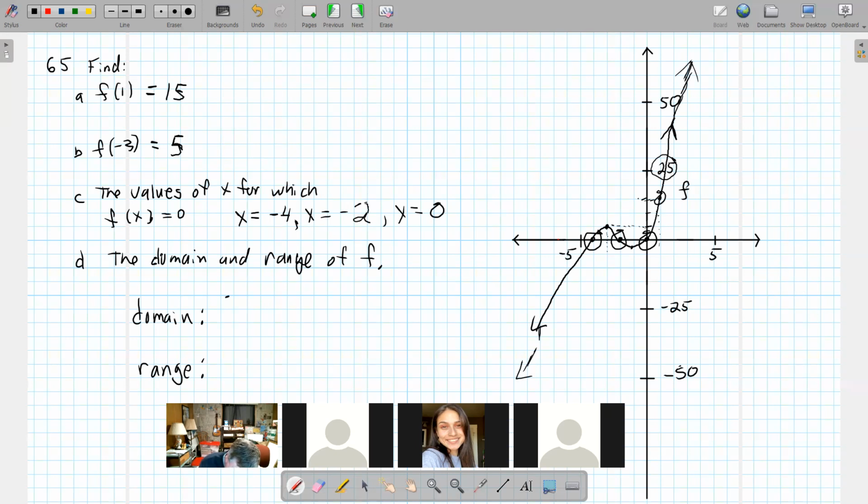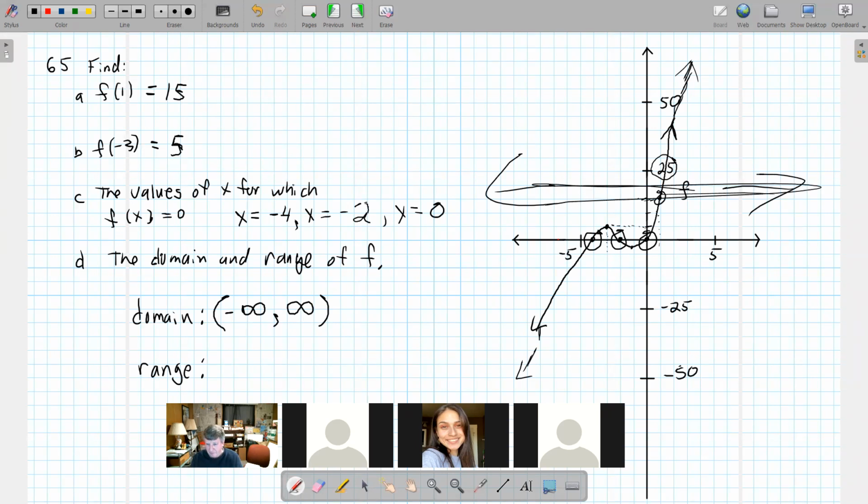Where do you start? Negative infinity, right. You always go from smallest to largest. The smallest domain value is negative infinity. The largest is positive infinity because it goes from here to there, everything in between.